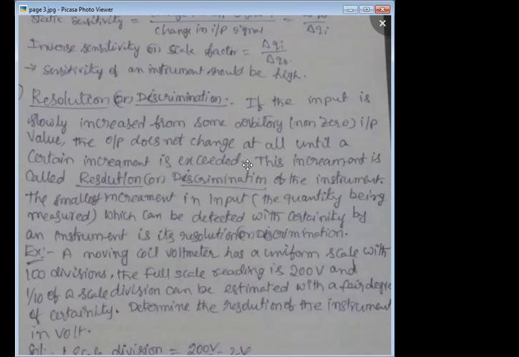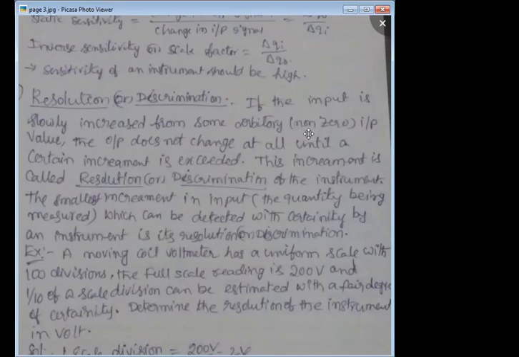That small increment will be considered as resolution or discrimination. Suppose we are increasing the value of input, but the instrument does not show the output until a certain increment in the input. That increment is considered as the resolution or discrimination of the instrument.